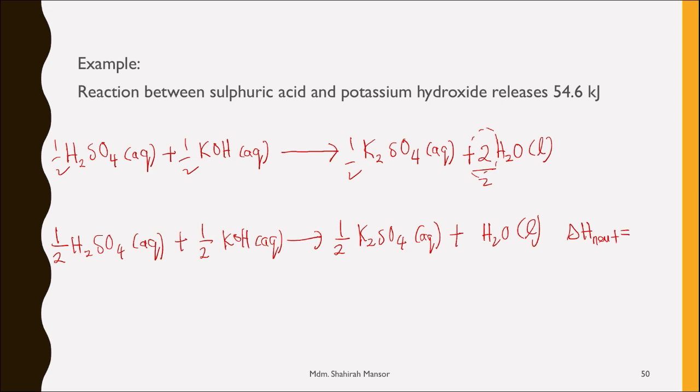This reaction will have energy of negative 54.6. Again, the unit must be kilojoule. Why kilojoule only? Because we already set the 1 mole on the water.